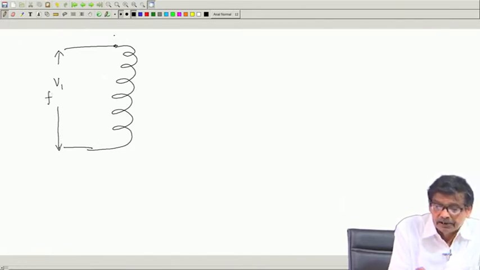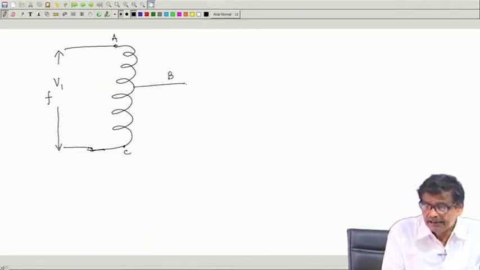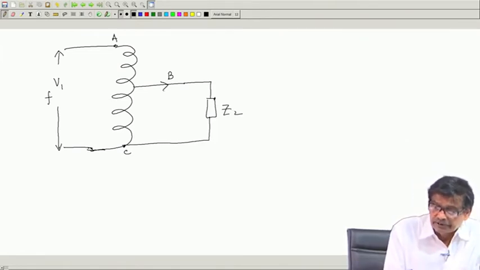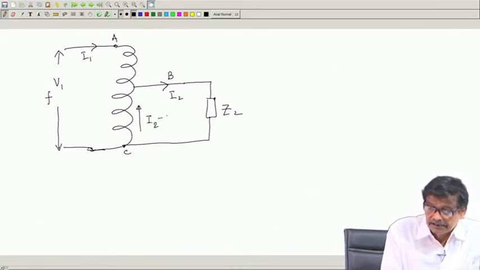This point I call A, this point is C, and here is the tapping B, and here is the load connected Z 2, secondary load, and this was the current distribution: I 2, this was I 1, and then this current was I 2 minus I 1.